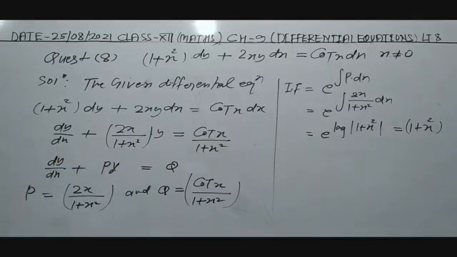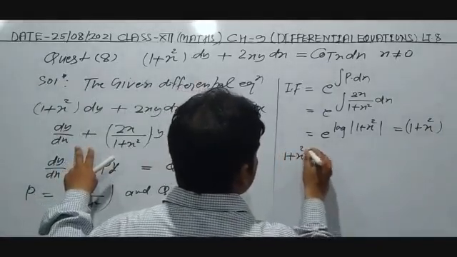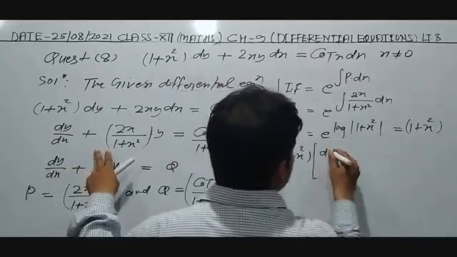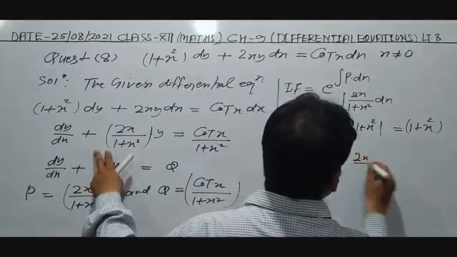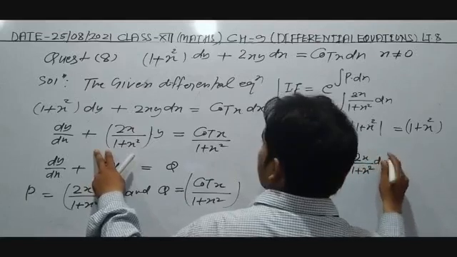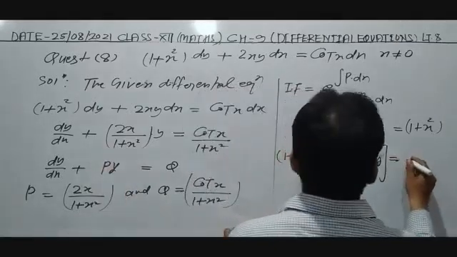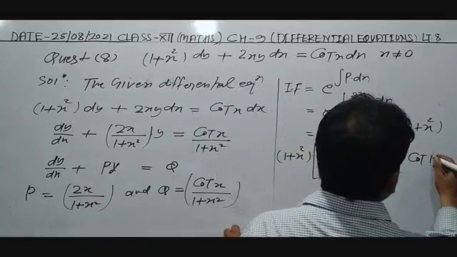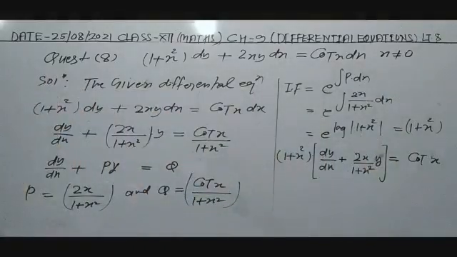When you multiply by 1 plus x square, the integrating factor, into dy by dx plus 2x upon 1 plus x square y is equal to cot of x upon 1 plus x square, the denominator on the right hand side will cancel out.